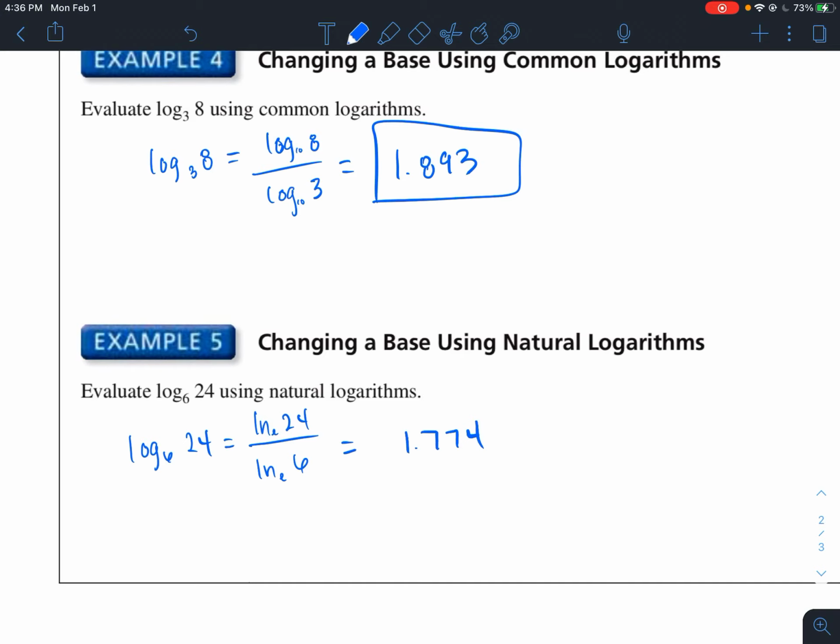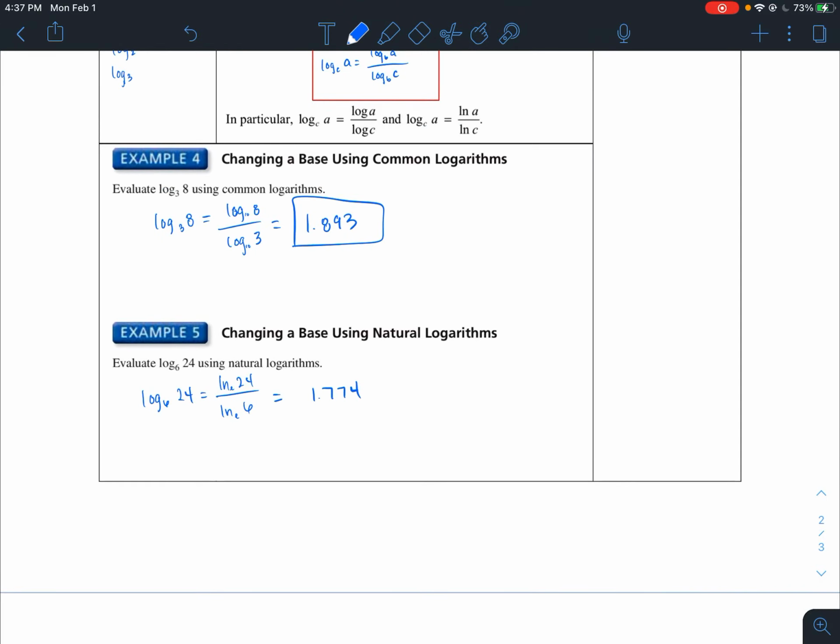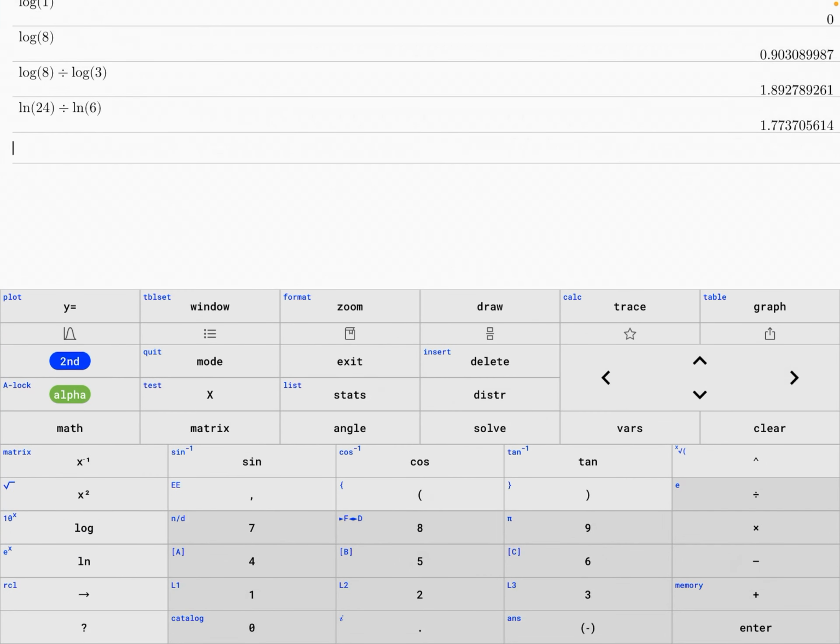Logarithms with any base other than 10 or e can be written in terms of the common or natural log using this formula. That's pretty much what this formula is for, which is basically just a means of us evaluating logarithms that aren't of base 10 in our calculator. For those who might have a TI-84 or a TI-84 CE, you could also come to this math option.